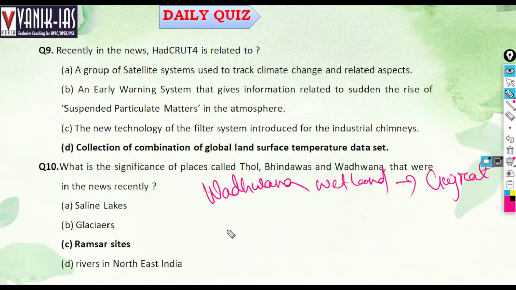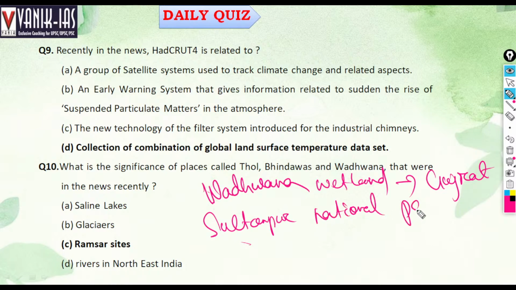They are in the news. There is another one also in the news, Sultanpur National Park. All of them are declared as new Ramsar sites in India. Sultanpur National Park is in Haryana.